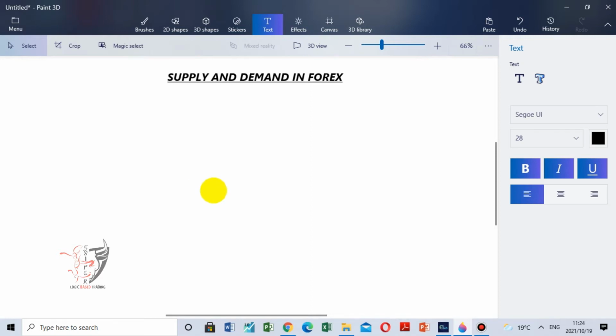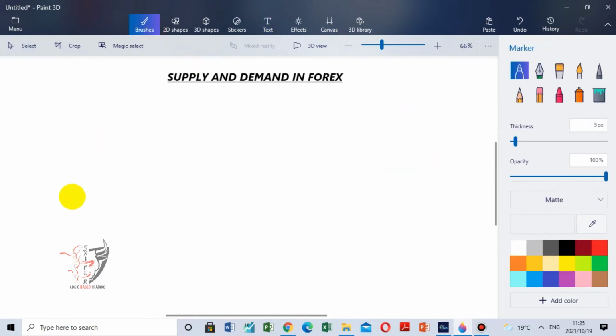In supply and demand, we have bases, which define to us what is supply and what is demand on the market.